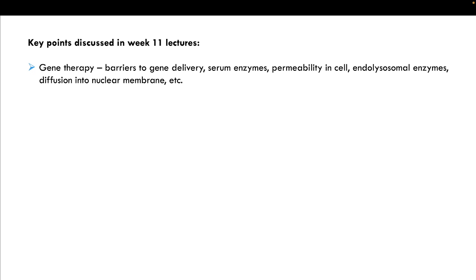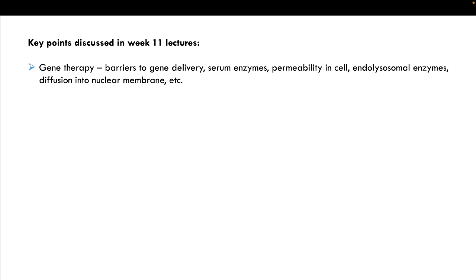One approach to gene therapy is this: you get a patient, you know what gene is missing in the patient's body, so you can collect cells from the patient's body and do genetic engineering to these cells.